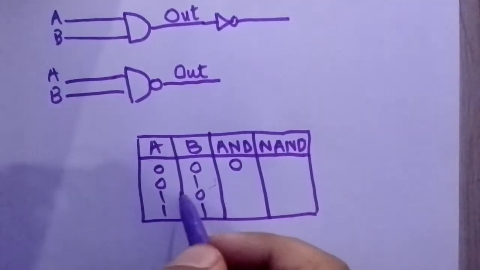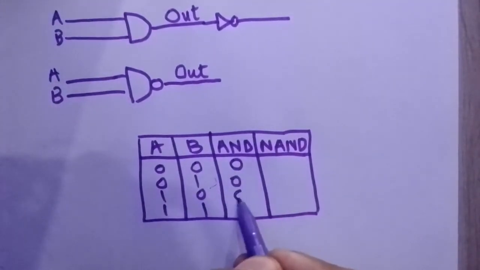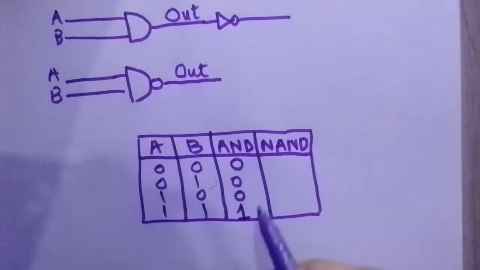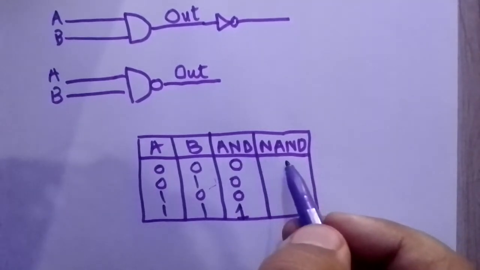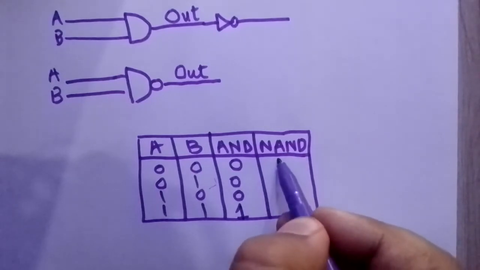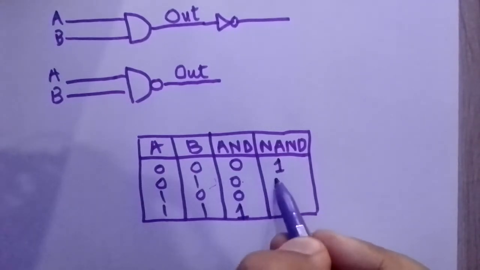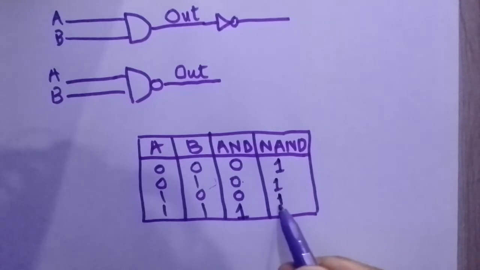When either of the inputs is 0, the output will be 0. The output will be 1 only if both the inputs are 1. Okay, the NAND gate will be the inverted version of AND gate. So 0 will become 1, 0 will become 1, 0 will become 1, and 1 will become 0.